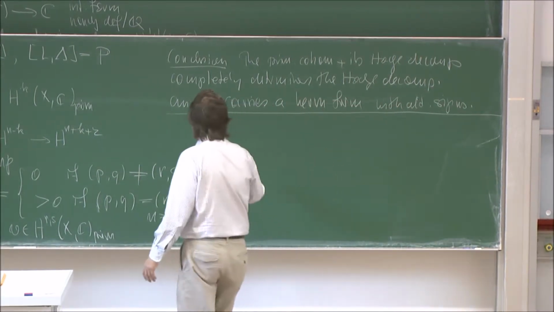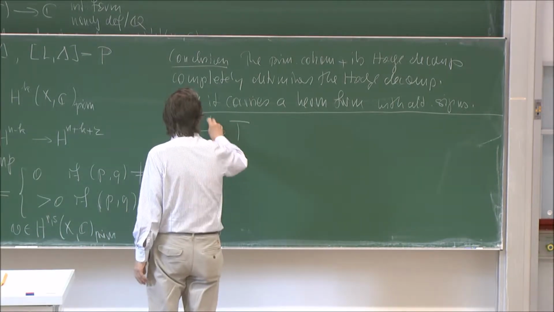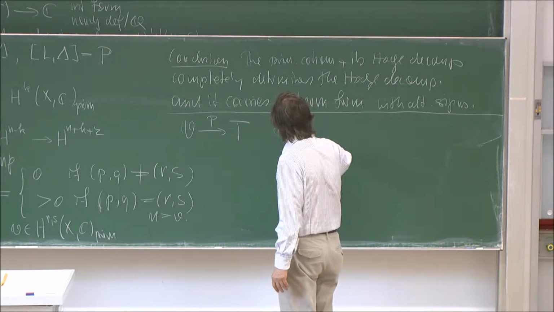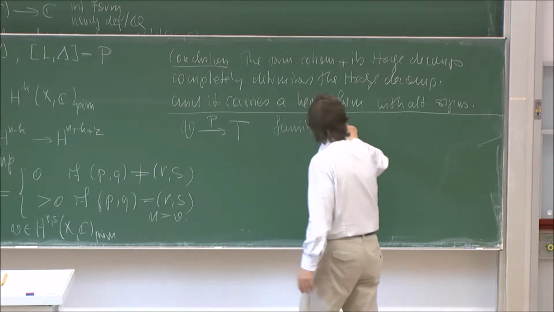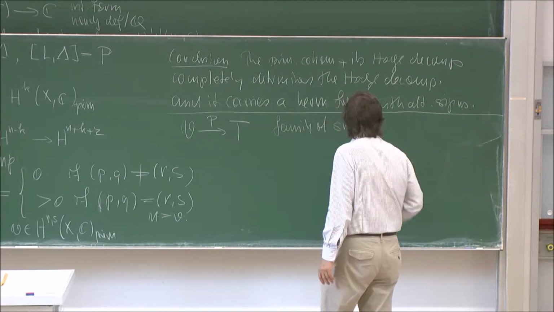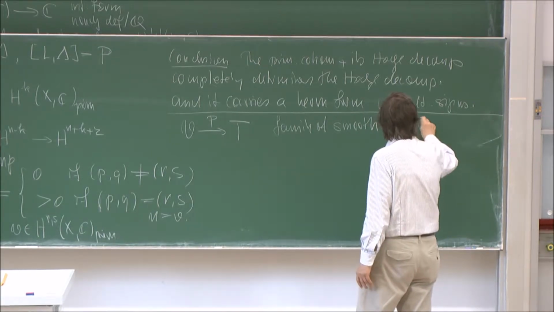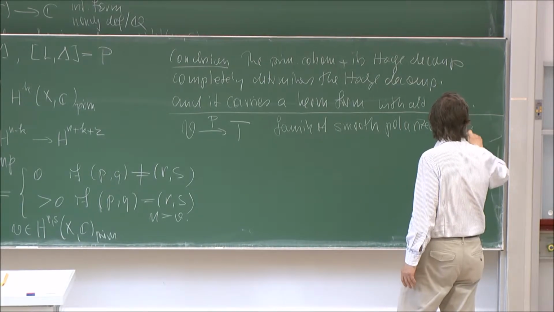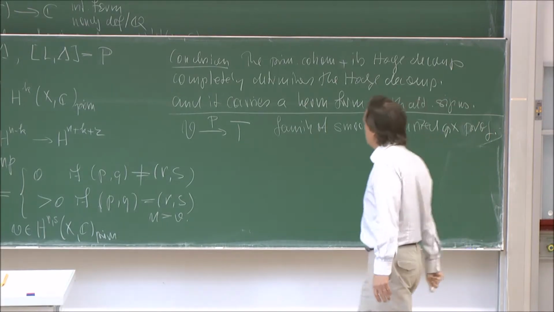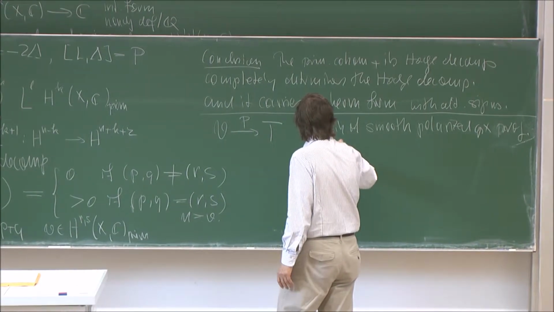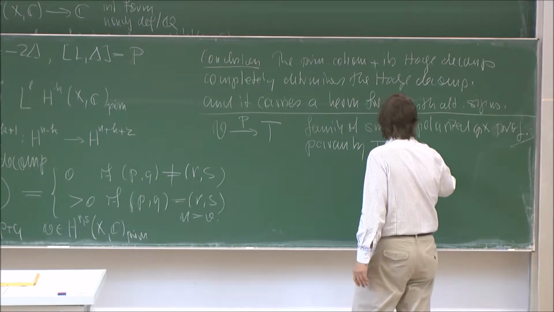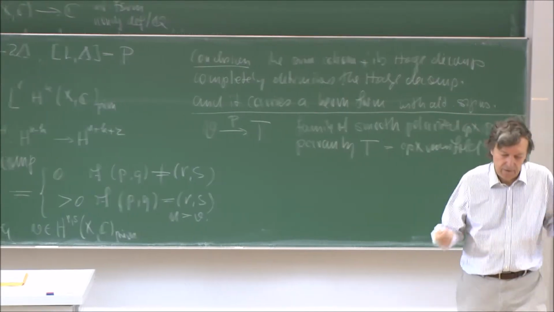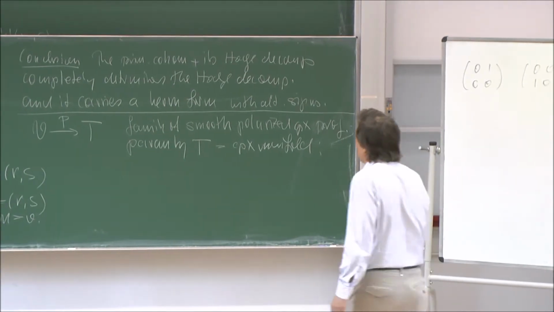So I want to look at V over T, P: a family of smooth, polarized, complex projective varieties parameterized by T, which is a complex manifold, or maybe typically it would be algebraic, but for the definition that does not matter.